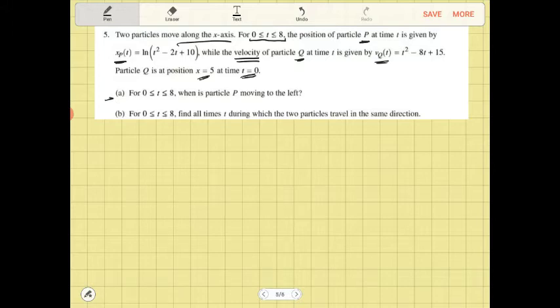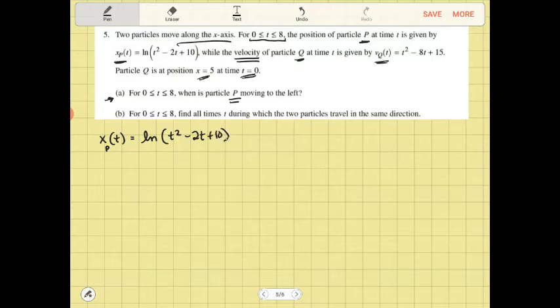So, for the first question here, question A, they're asking you when is particle P moving to the left. So for particle P, we know the position function, which is the natural logarithm of this polynomial.